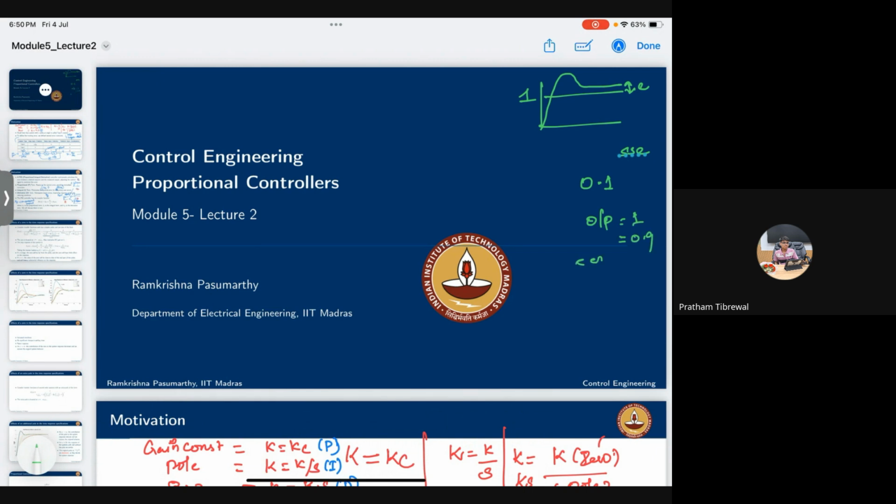So the error would be 0.1, right? If my goal is to make the system go to 1, this error should be brought down to 0.